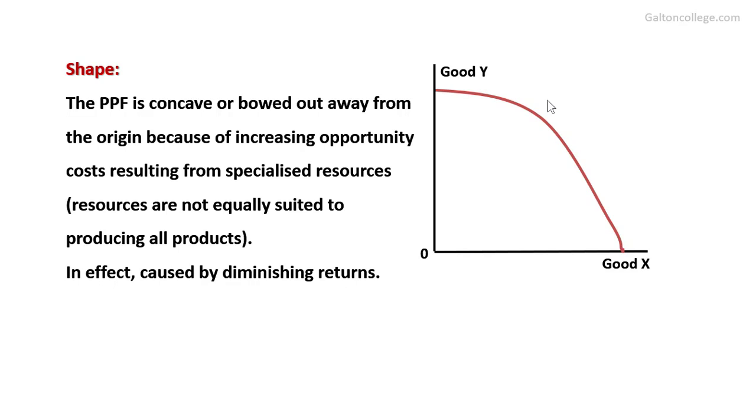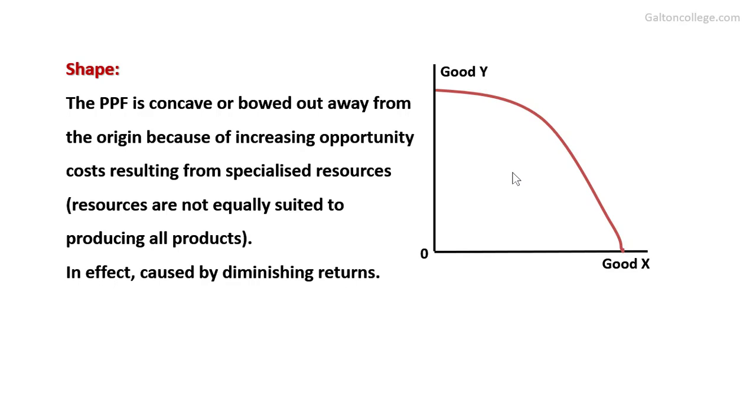It's convex. This is concave. Try to imagine a cave and you're looking in. So it's concave, or bowed out, away from the origin. It's this shape here. It's bent away from the origin. This is the origin down here. So you can see it's bent away.